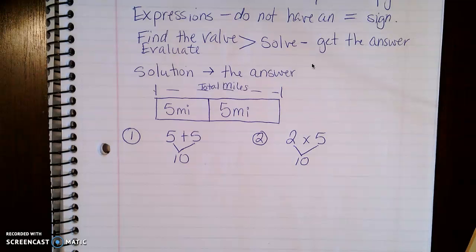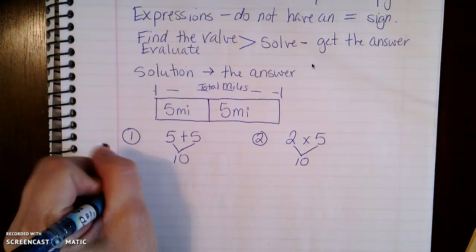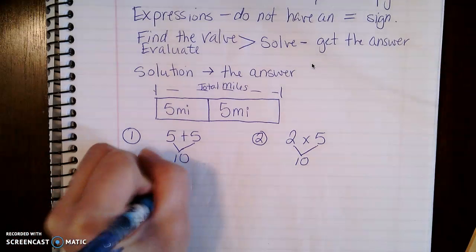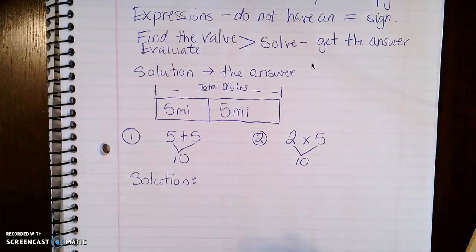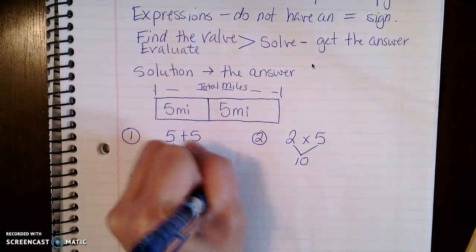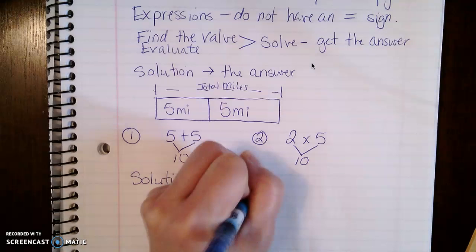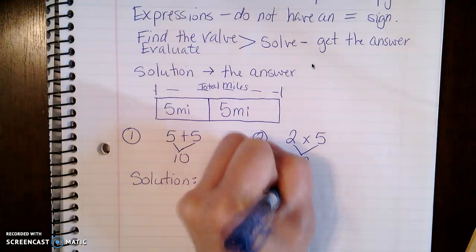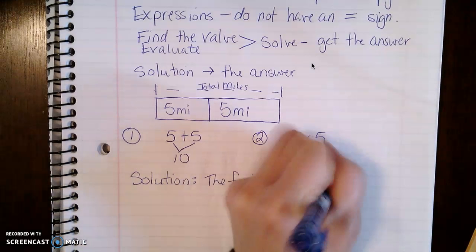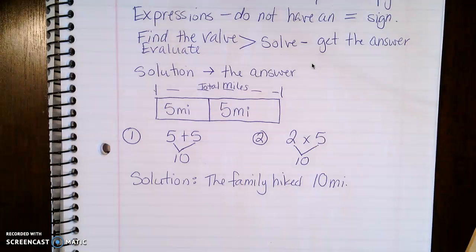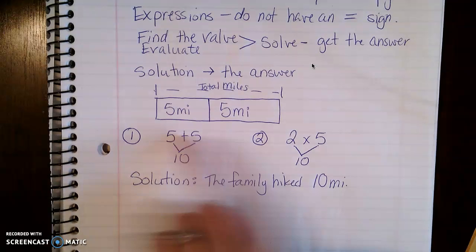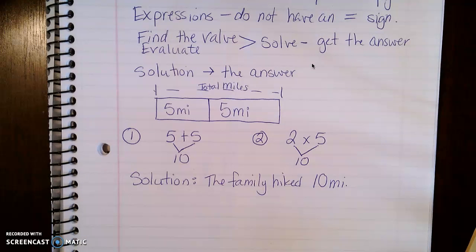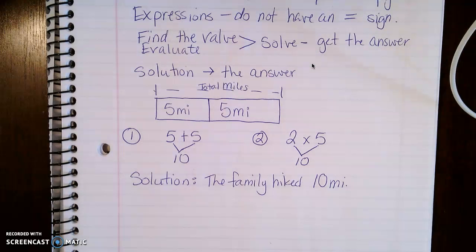And so then my solution would be that the family hiked 10 miles. So there's 1 expression, 2 expressions, just different ways to do that math.